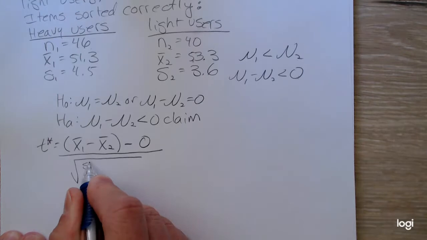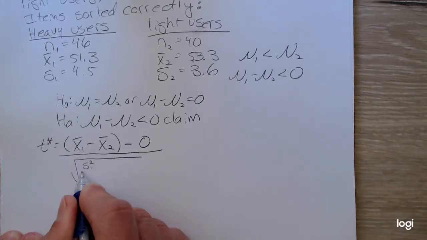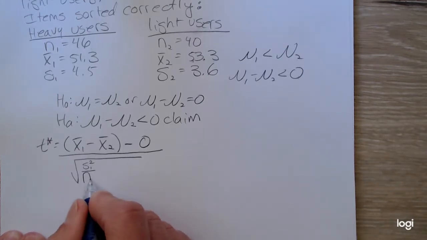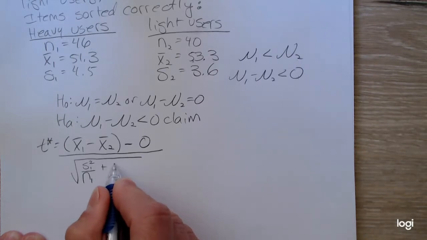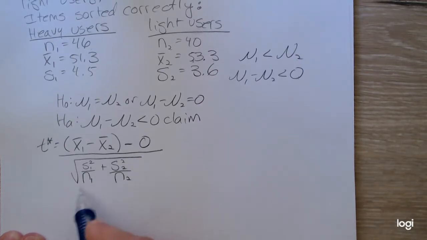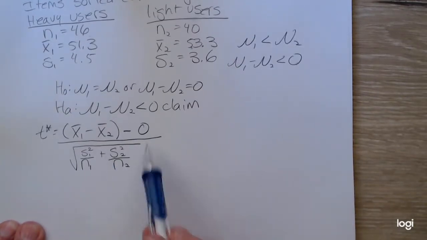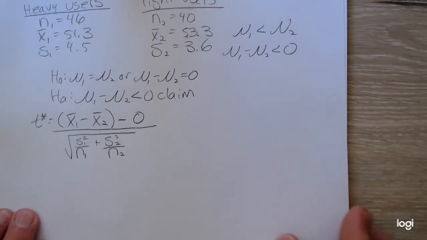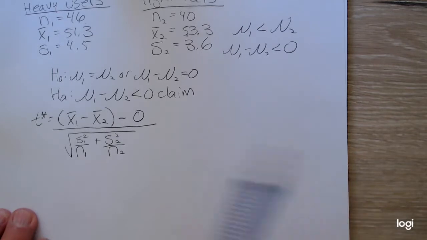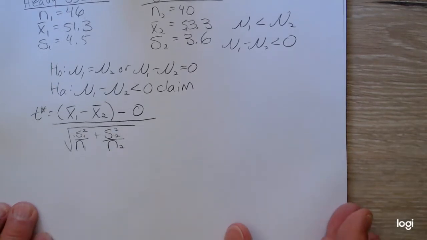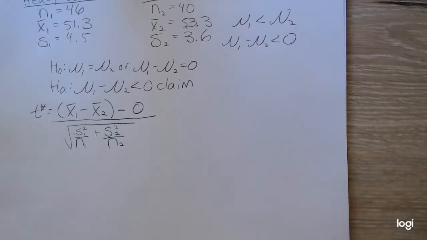The denominator would be the sample variance for the first sample over its sample size plus the second sample variance over its sample size, all under the square root. So it's very similar to the two-sample z-test for independent samples, but you just use the sample variances in the denominator. But I'm going to go ahead and get the standardized test statistic and p-value using the TI-84.